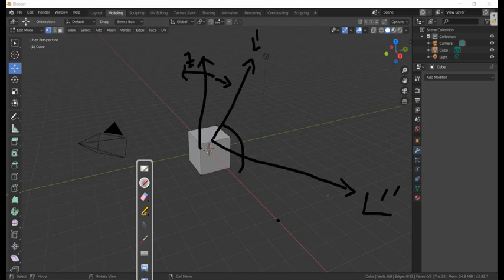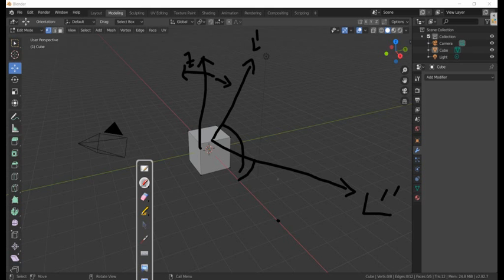Now your next task will be to align this line L double dash with your primary axis, say the x-axis. For that you have to find the angle of the line L double dash with the x-axis.